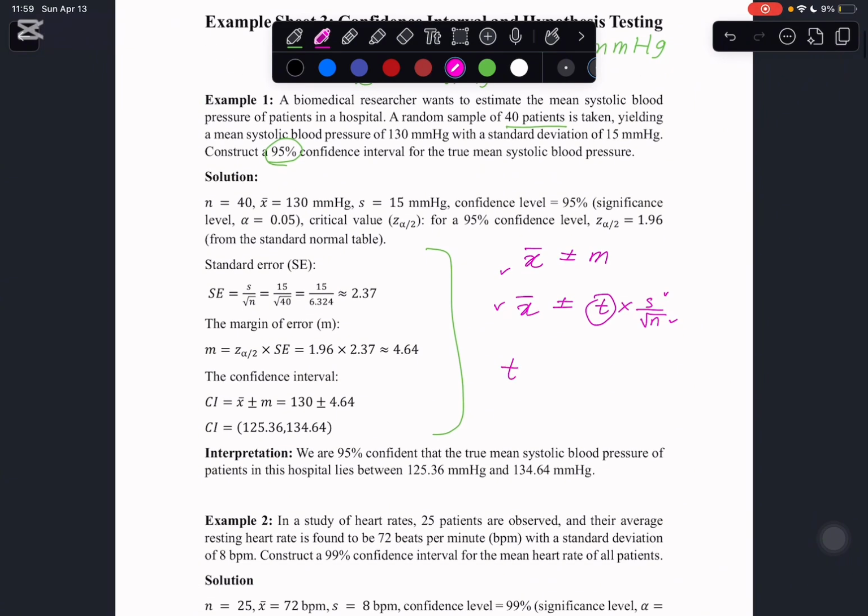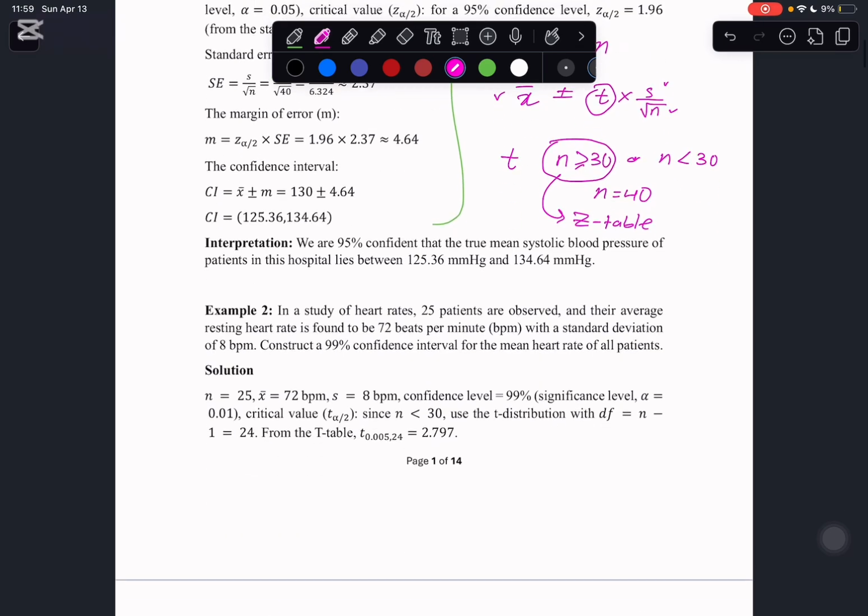How do you calculate the T? First of all, what you're going to do is check: is N greater than or equal to 30, or is N less than 30? In this case, N is equal to 40. So we're going to go to this approach. This approach means we're going to use the Z table. Okay, nice. So we want to use the Z table.